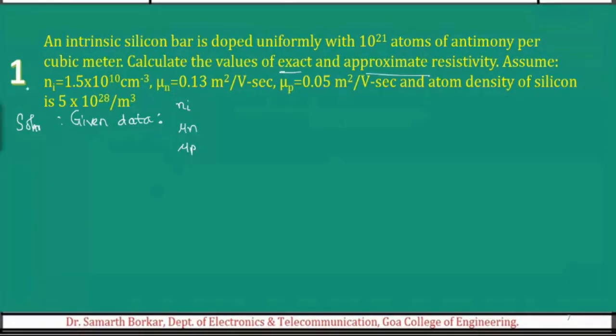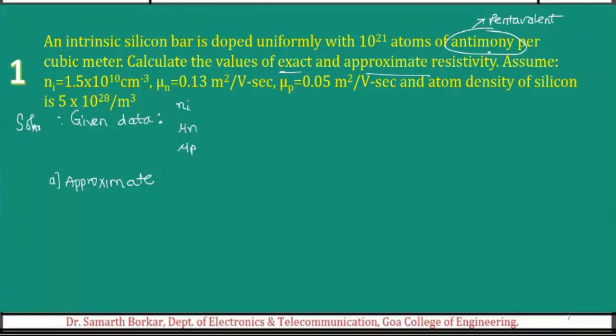In case of approximate, what type of impurity is this antimony? It is a pentavalent impurity.